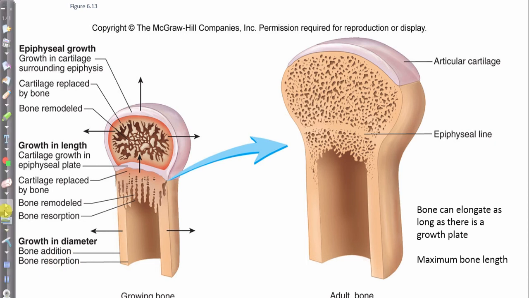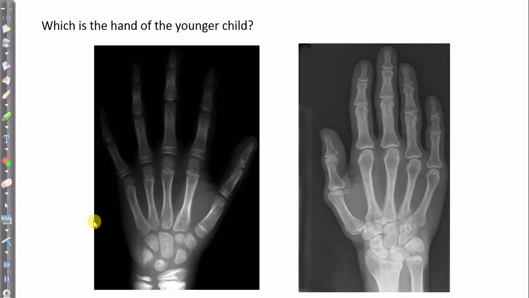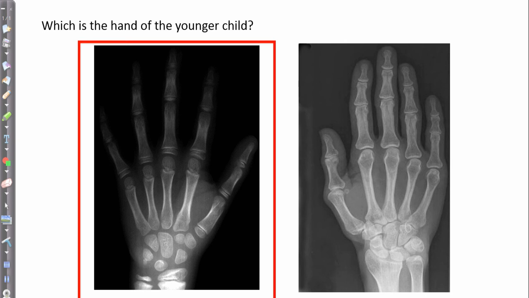Just to show you the difference, which of the hands here represents the younger child? And the hint is we're looking for regions where there is not any calcification. Said differently, where do we still see growth plates? And if we look here, there's my little arrows, my little indication. If you look here, for example, you can see regions where there's kind of quote-unquote holes or spaces.